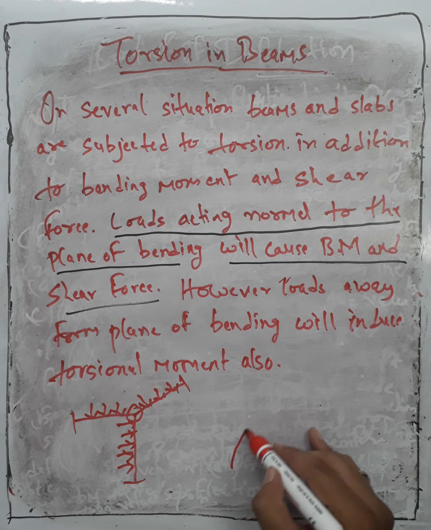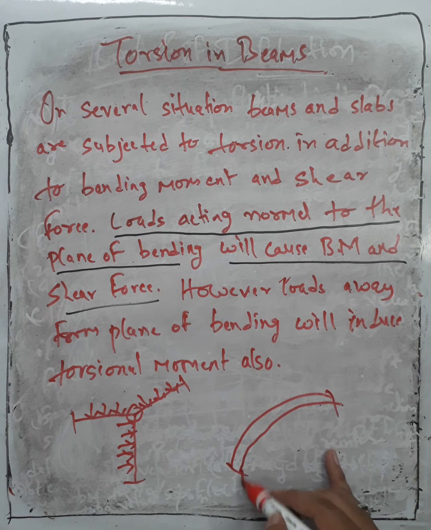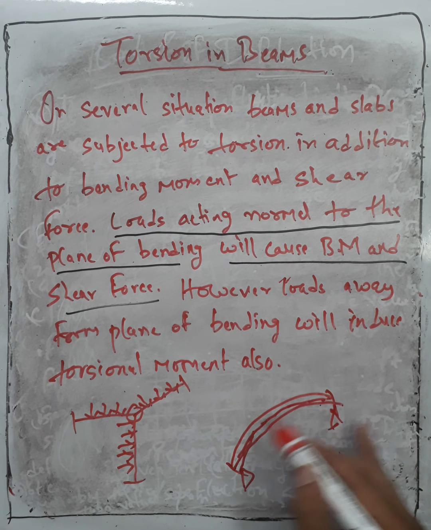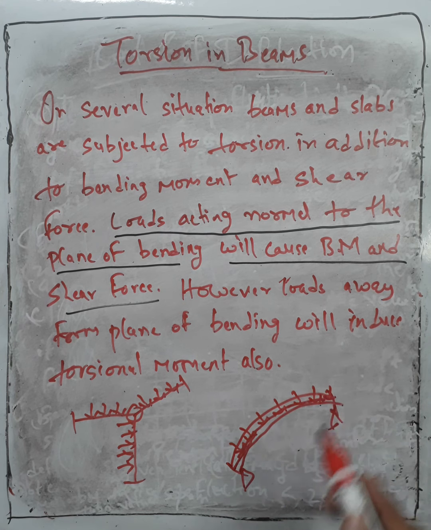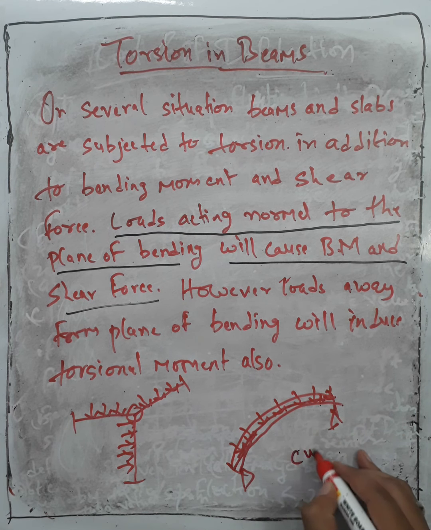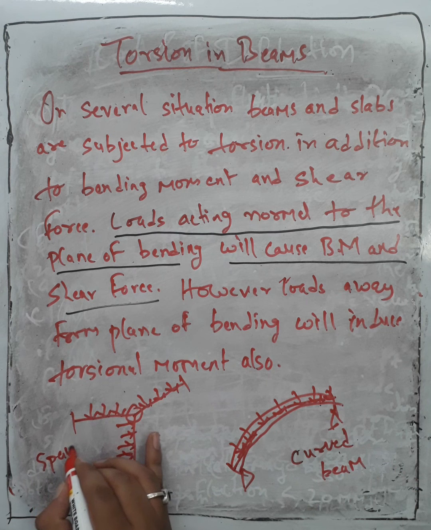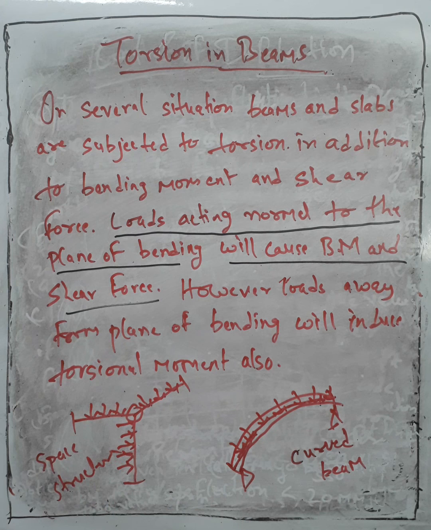Or if you have a curved beam, and this is the neutral axis, when we apply load here, you see that load is acting away from the plane of bending. So in a curved beam, or in a space frame structure or space structure, you find torsional moment also. In that case you have to calculate the torsional moment in beams.